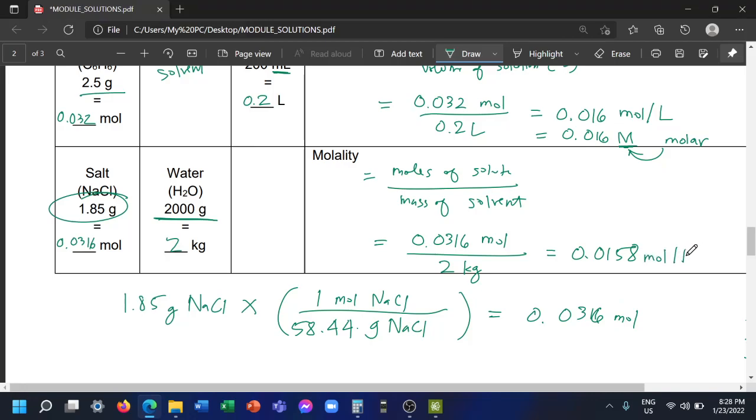We have another unit for molality. We use the small m in italics, which is read as molal. So this is the unit for molality. So the answer here is 0.0158 molal.